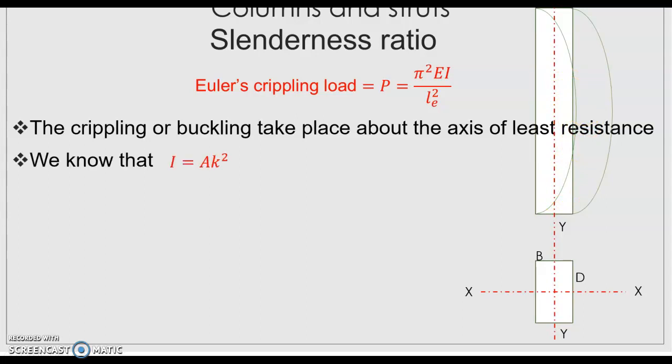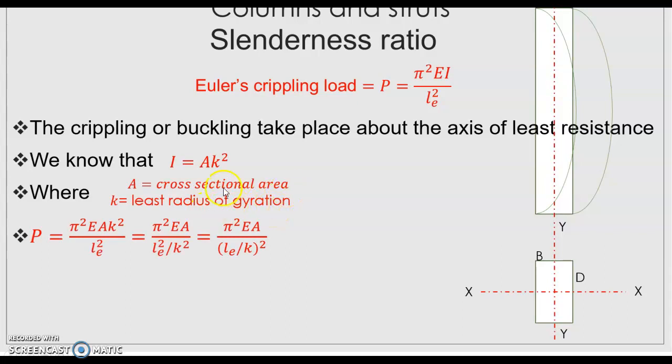We know that the moment of inertia I is equal to A into K squared, where A is the cross-sectional area and K is the least radius of gyration. Substituting this value in the above equation, pi squared E, instead of I, A K squared, and L divided by LE squared is equal to pi squared E A divided by LE squared by K squared.